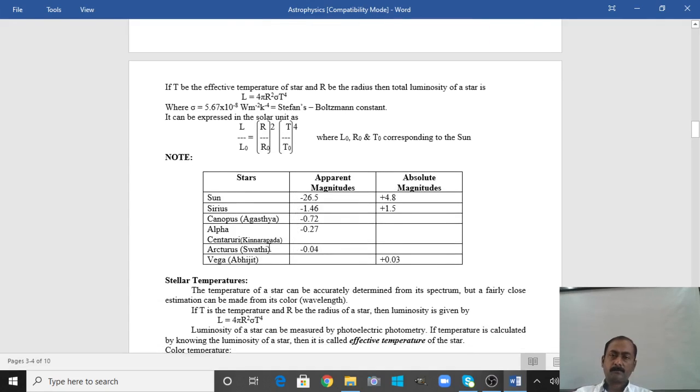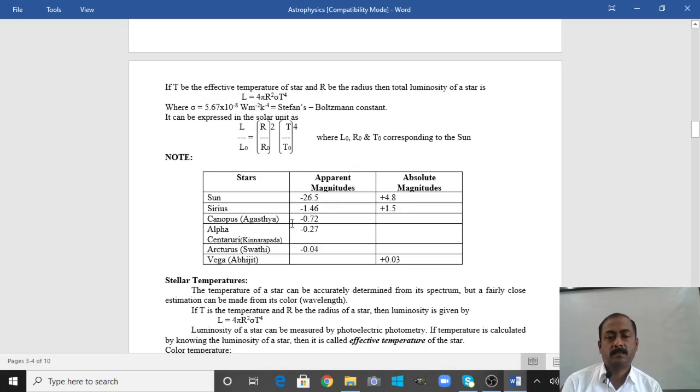Here in this chart we can identify the apparent magnitudes and absolute magnitudes of different stars. For the sun, the apparent magnitude is minus 26.5 and the absolute magnitude is plus 4.8. For Sirius, the apparent magnitude is minus 1.46 and the absolute magnitude is plus 1.5.